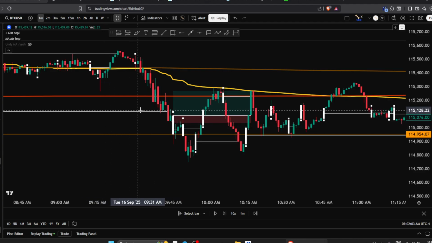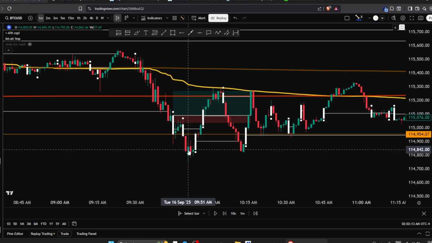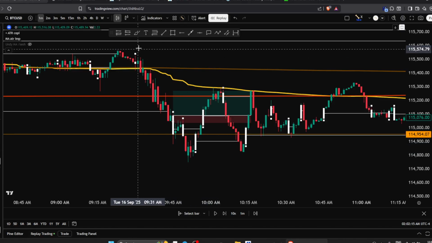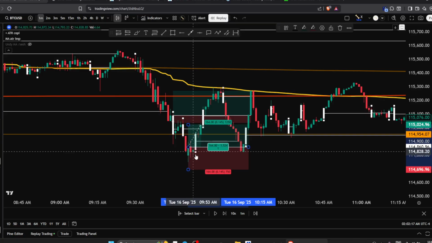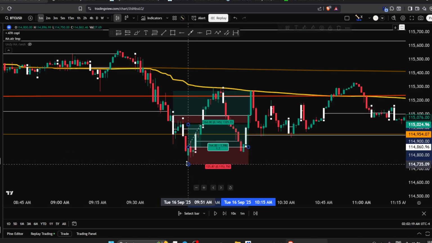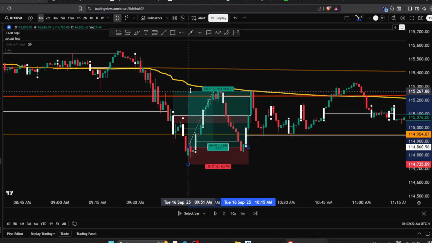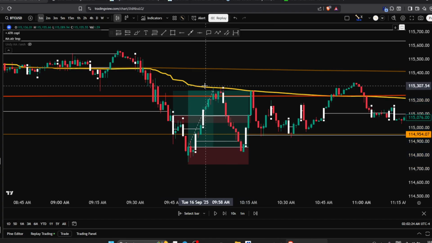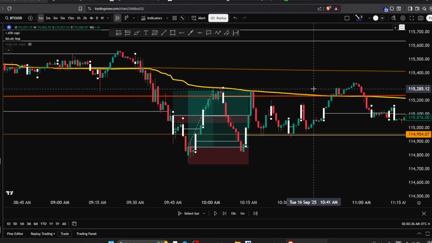So the first condition would be it hits this, goes through it, goes past this line I just made and then turns green, and then you'd enter there. With your stop loss there, your target could be that yellow line or wherever.